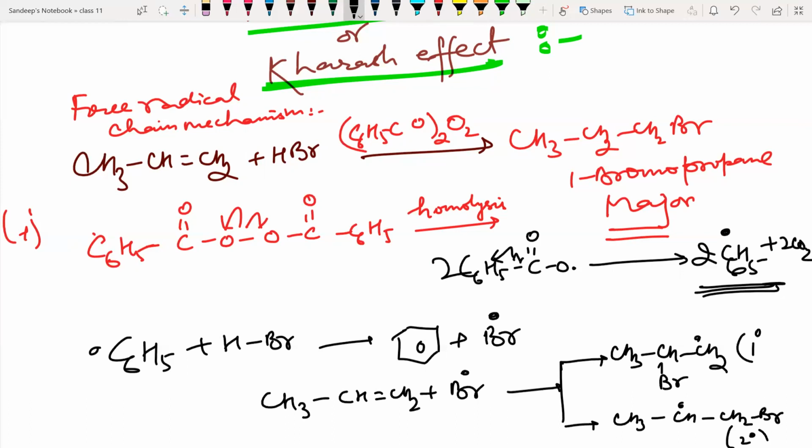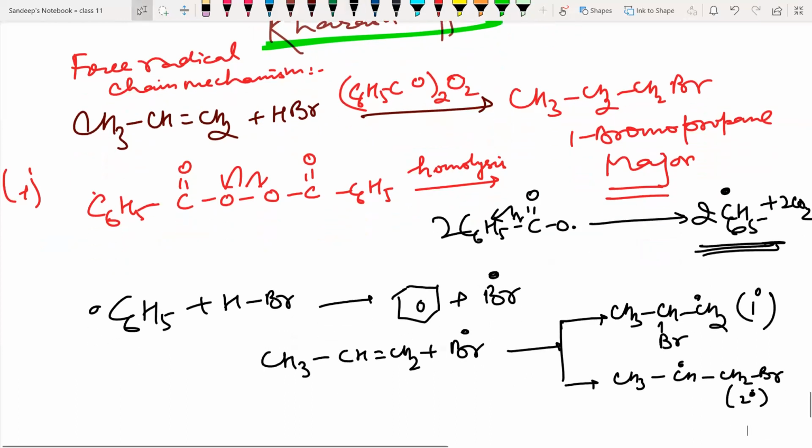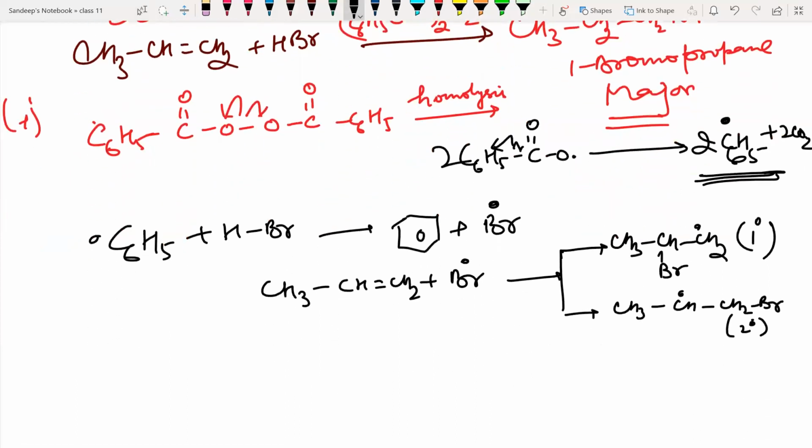In this case the 2-degree free radical is more stable. So this is less stable, this is more stable.